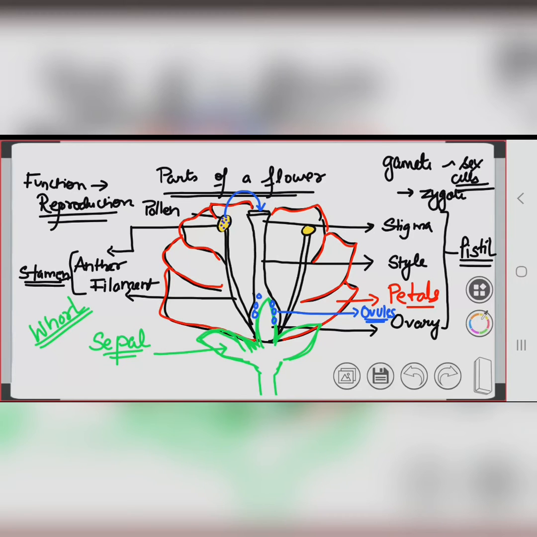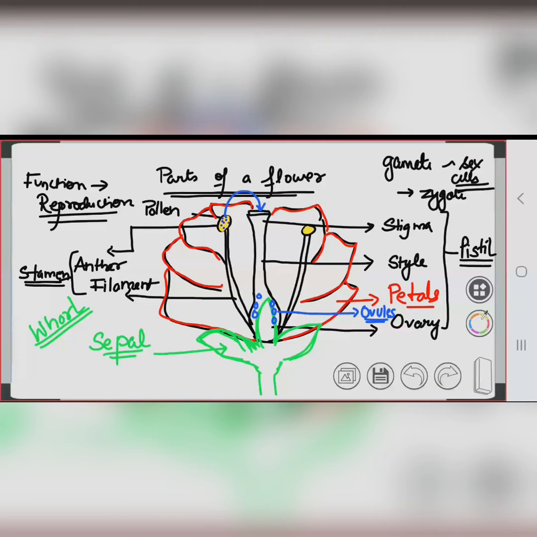So how is pollination made possible? Pollen grains are sticky in nature. Whenever an insect comes and sits on the plant, they will stick to the legs or wings of the insect. Next, whenever that bird or insect goes and sits on another flower, the stigma is very sticky.